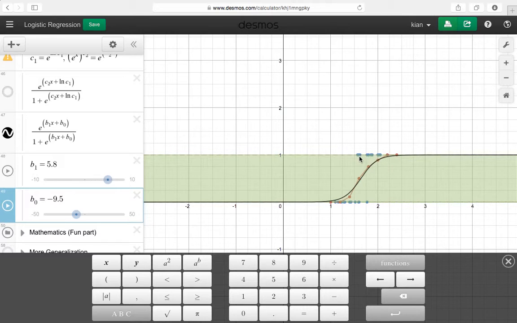If you input these blue dots that we started our analysis with to a logistic regression model, the outcome would be in the form of beta 0 and beta 1. And beta 1 would probably be something very close to 5.8, and beta 0 is very close to minus 9.5.